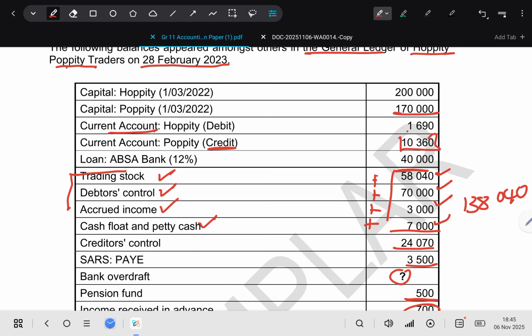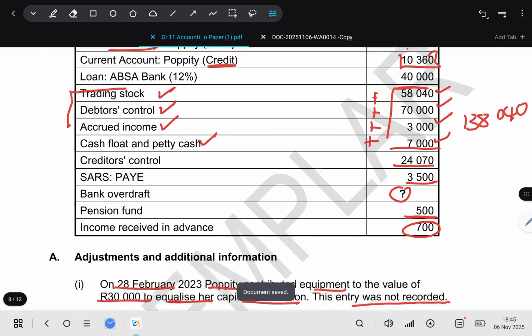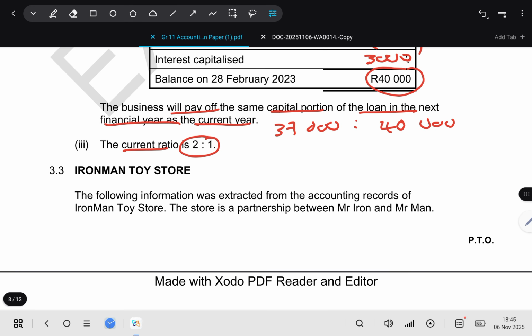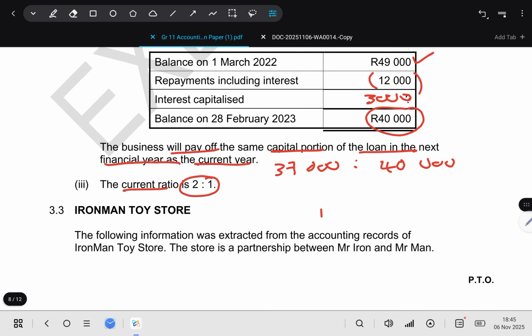Okay, so now we need to go back and write down that information in a way that will help us know whether we are dividing or multiplying. Remember, the formula says current assets is to current liabilities. Our current assets total is 138,040. You compare it to your x, right? The answer that they gave us is 2 is to 1.